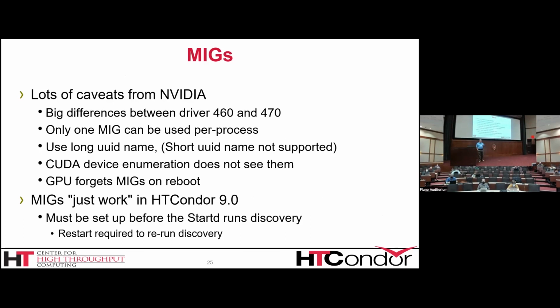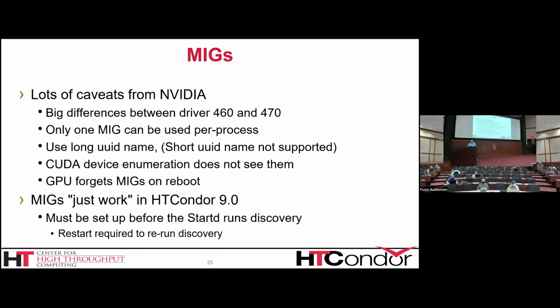But if any MIG is used on that line, then that is the only GPU you have access to. The others are just ignored. And that's not us. This is just the NVIDIA libraries doing that. Also, you have to use the long form of the GPU identifier. We're not entirely sure why, but the short form doesn't work for MIGs. And between driver 460 and driver 470, they completely changed the way that name works for the MIGs as well. So we do believe that this is a work in progress.